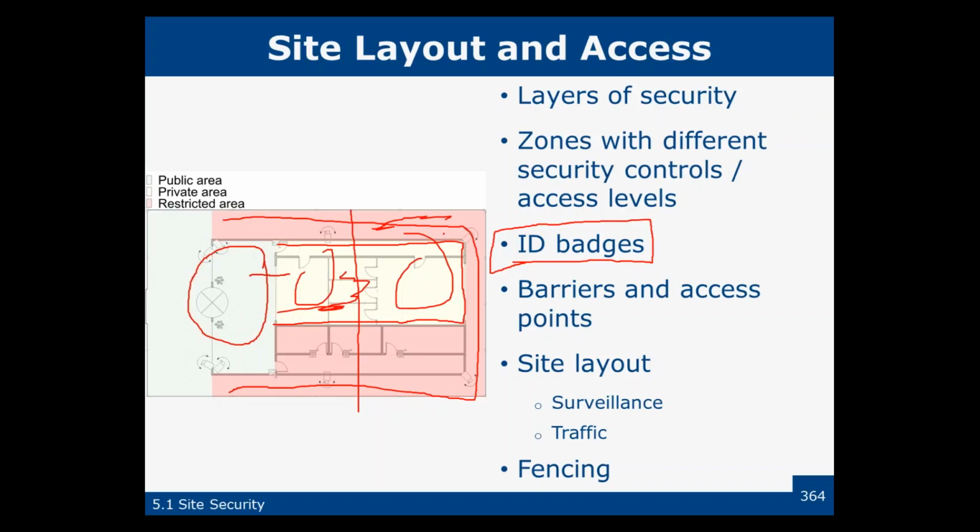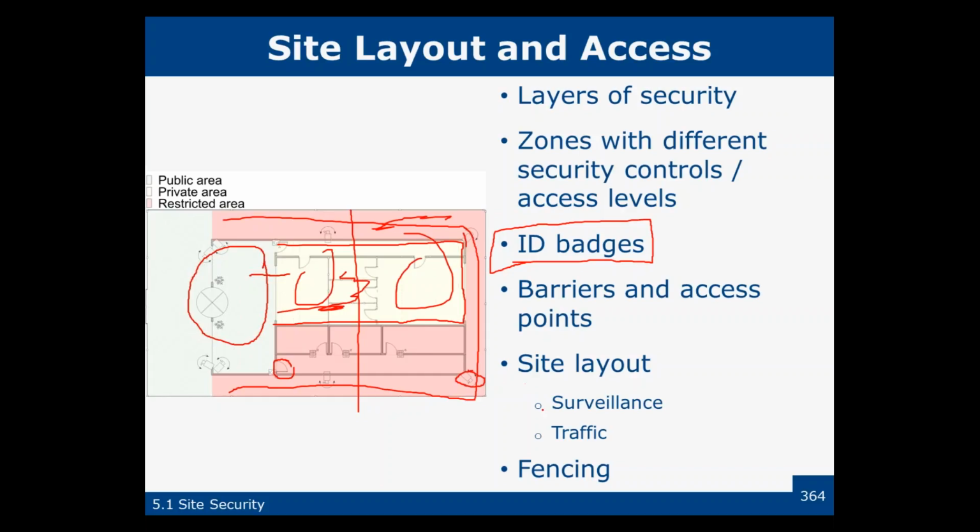Barriers and access points, some way to control entry into each of these areas. They show little access points here. Could be a guard, could be a badge with an RFID tag that opens an automated lock, but you need some way to do that.